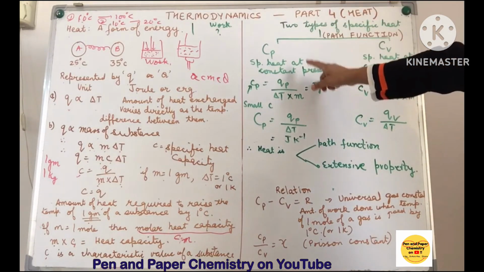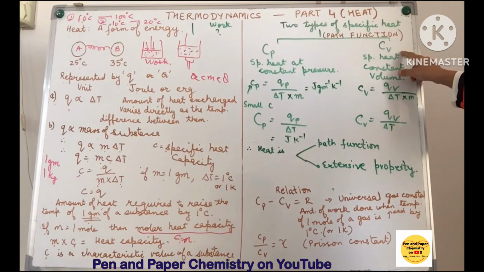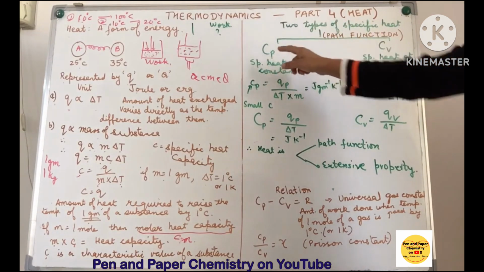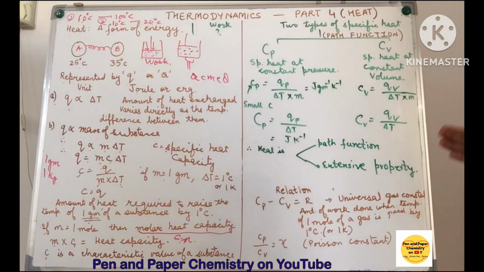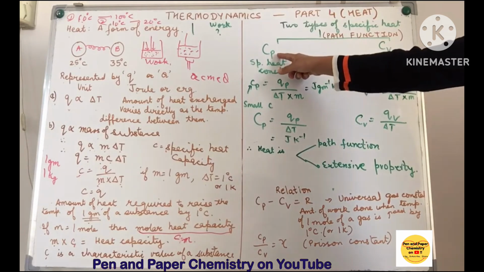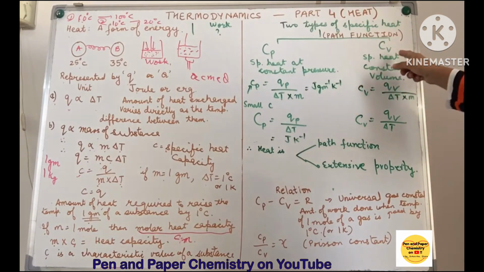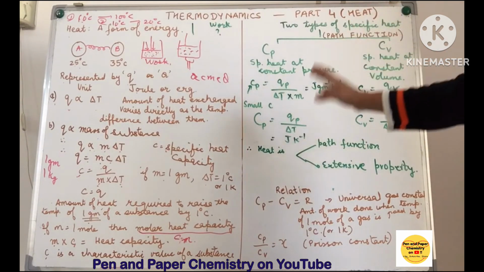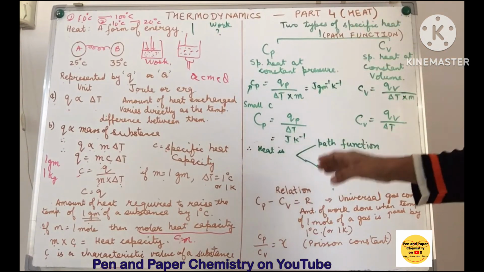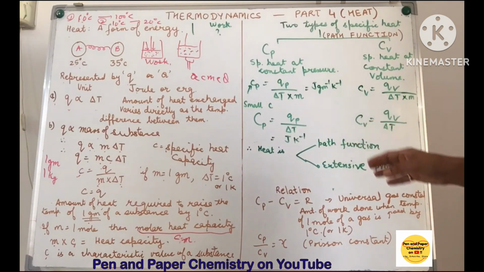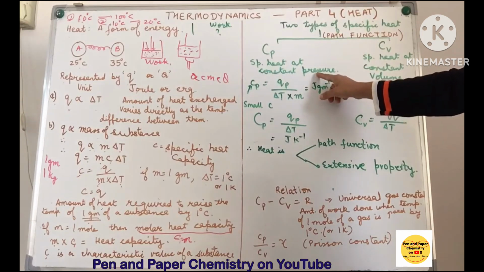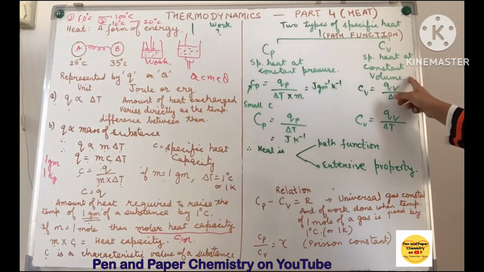So we introduce Cp and Cv. The subscript here indicates what is remaining constant. So when I say Cp, that is specific heat at constant pressure. Cv, specific heat at constant volume. The value still remains the same: the amount of heat required to raise the temperature of 1 gram of a gas by 1 degree Celsius at constant pressure or at constant volume.